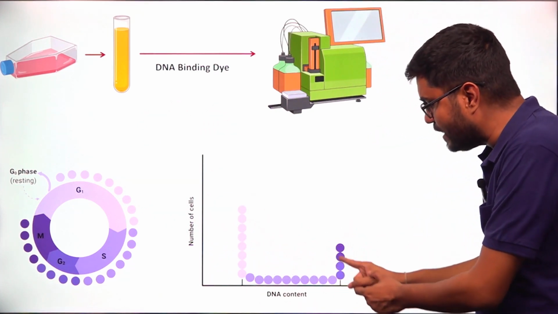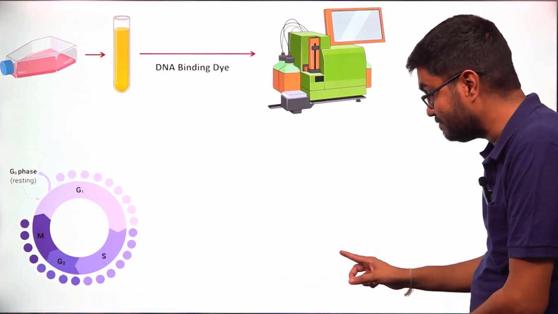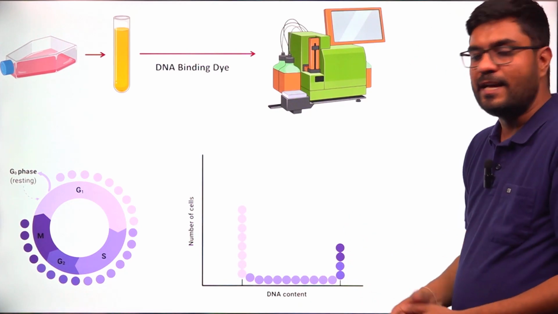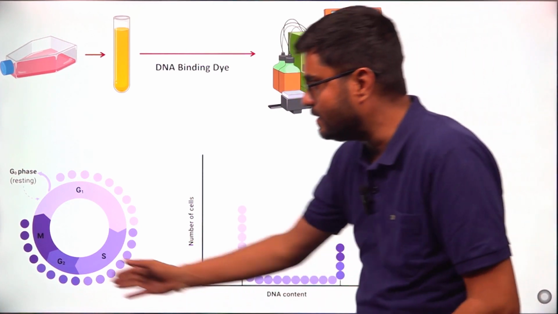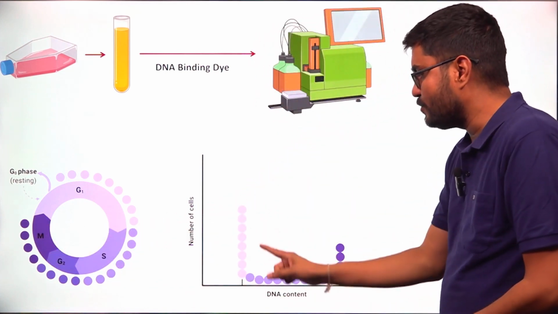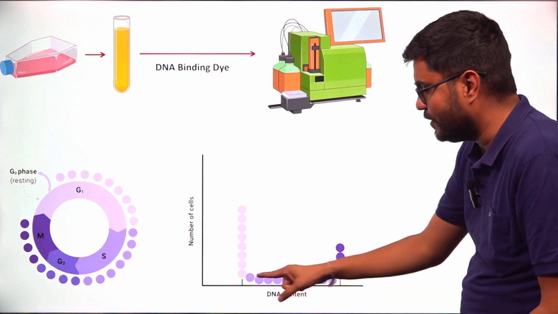These cells which give the highest fluorescence, one more time, highest fluorescence, give us the percentage of cells which are present in G2M, 2X amount of DNA, and these cells in between are present in S phase.